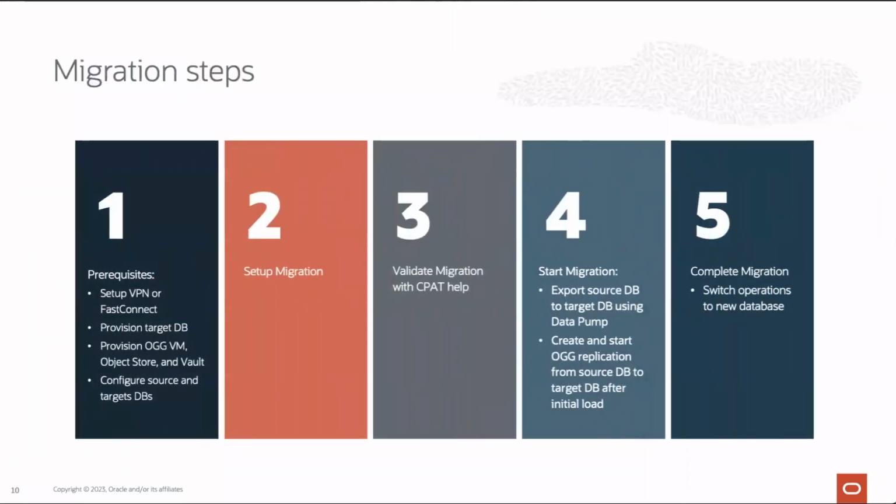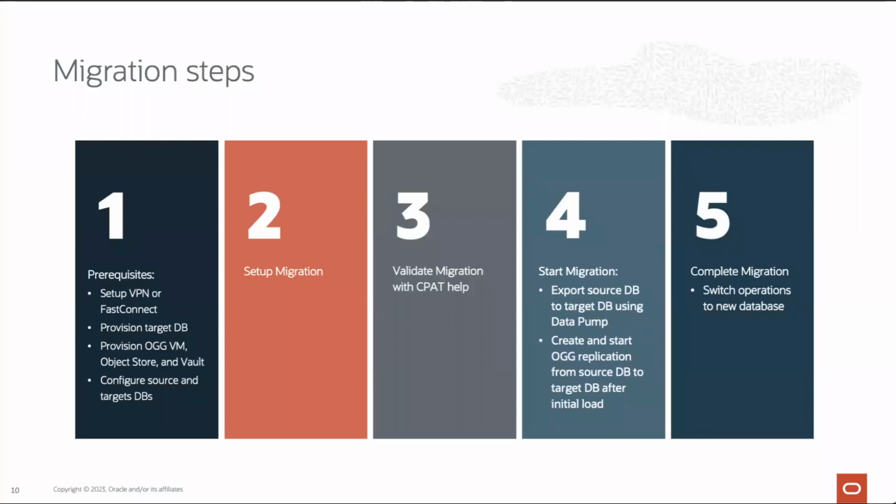So let's have a short look now at the migration steps we need to configure or execute when running a migration in DMS. The first one, of course, we have some prerequisites for DMS, and the big one here is the network. So we need connection from within DMS to the source system and also to the target systems.